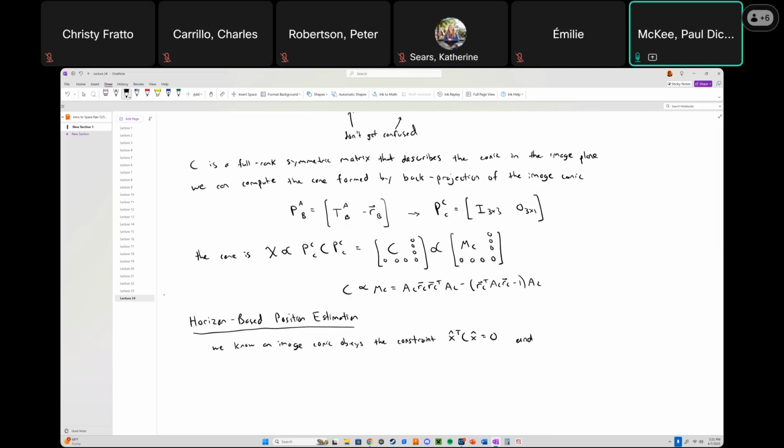And we know that C is proportional to this MC. Okay. So if we put this together, we could say that X transpose, and then we have AC, RC, RC transpose AC minus RC, AC, RC minus 1, AC, X hat equals 0.